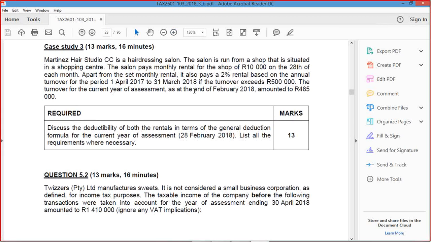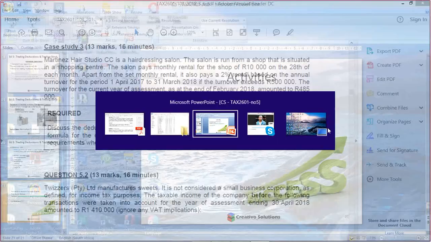Okay, so Unam, you will see questions like this often. That's why I'm trying to practice this, because you're going to see questions like this come up. They often test the general deduction formula, and it can be for as much as 13 marks or more. Yes, sir. So what do you do when you get a question like this? Immediately go to your slide.